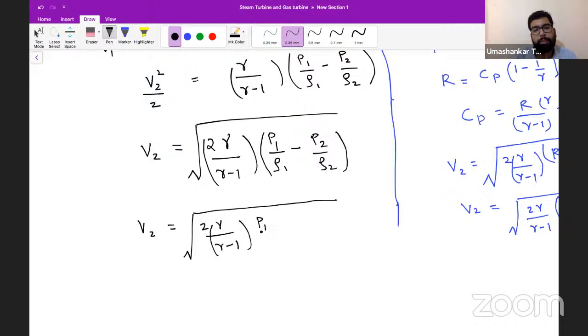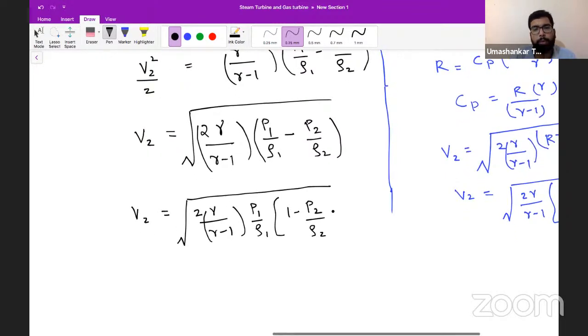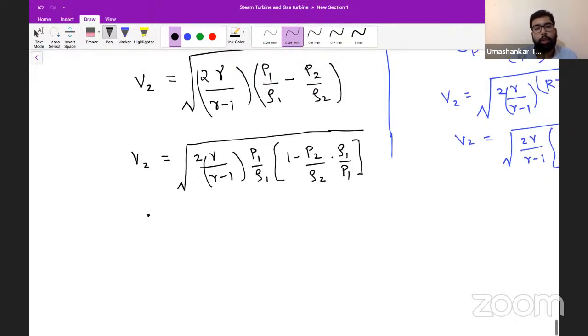This is P1 by rho 1, and this will be 1 minus P2 by rho 2 into rho 1 by P1. Yes or no? We can write like this. Okay, so our V2 will become.